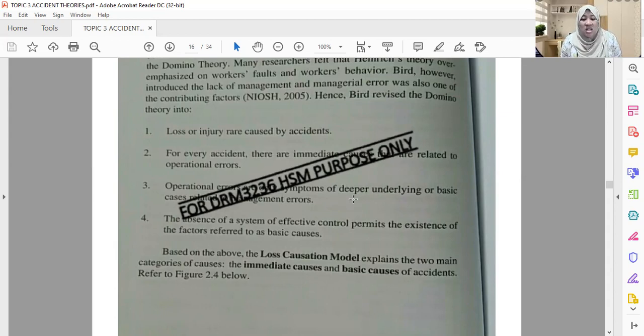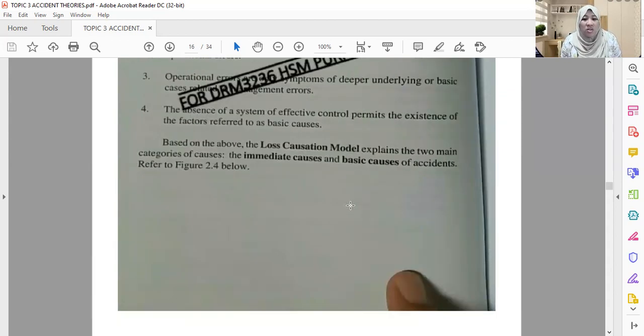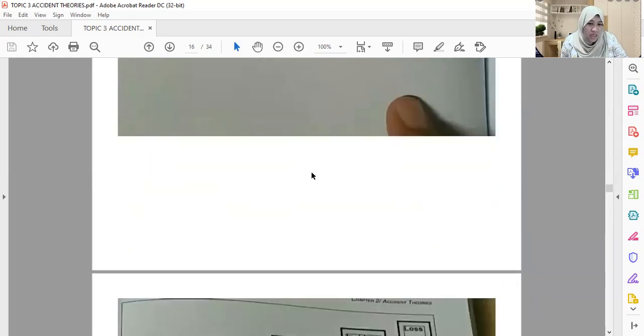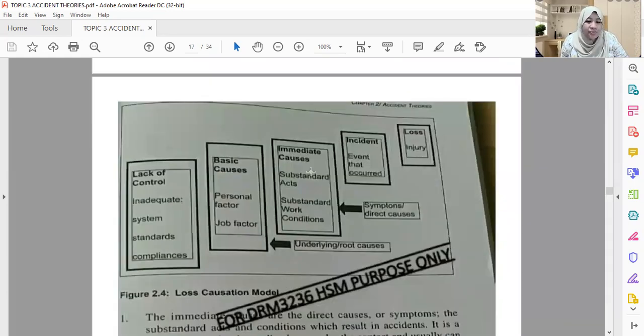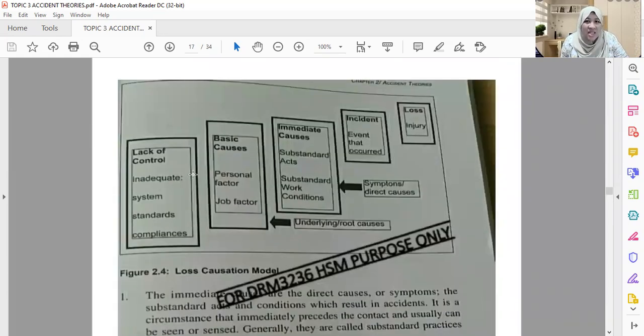This is based on the above loss causation model, and it explains the two main categories of causes, which are immediate cause and also basic cause of the accidents. So just now it was 6 from the domino theory, now from 6 it becomes 4, and of course the injury.